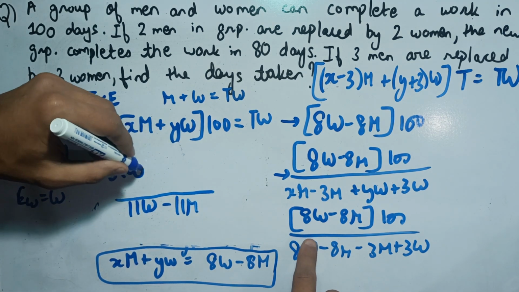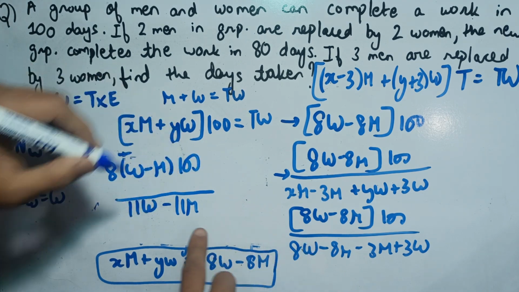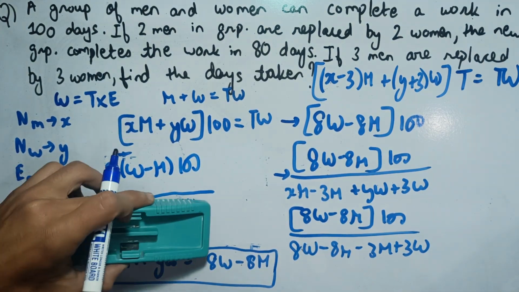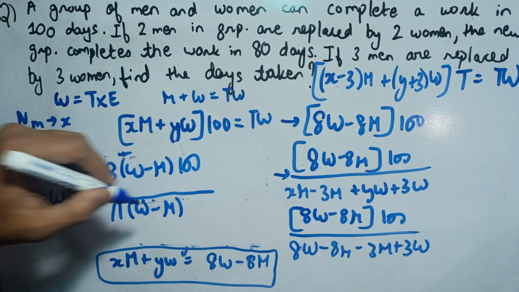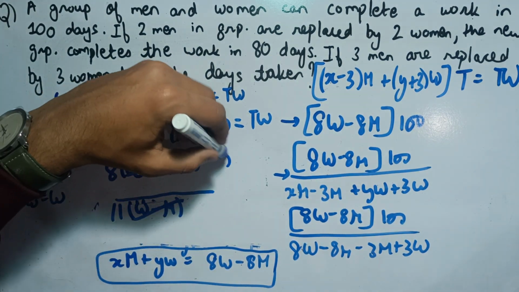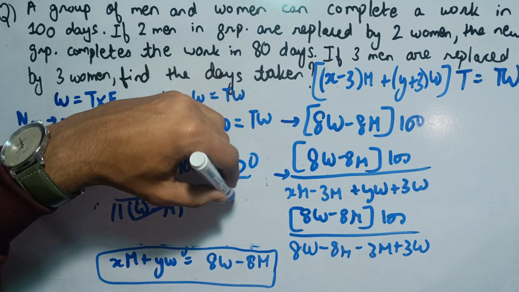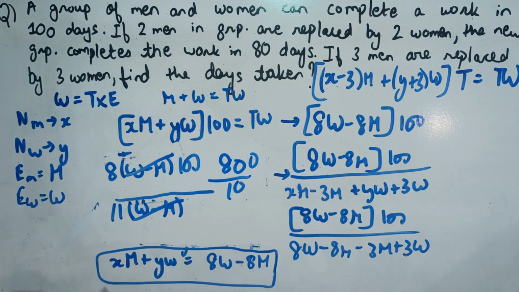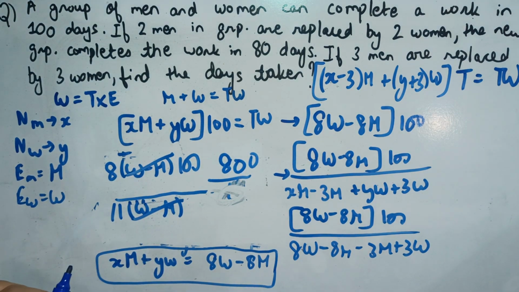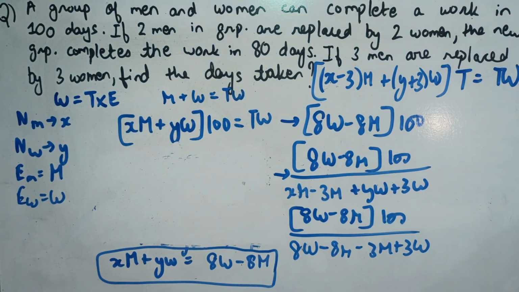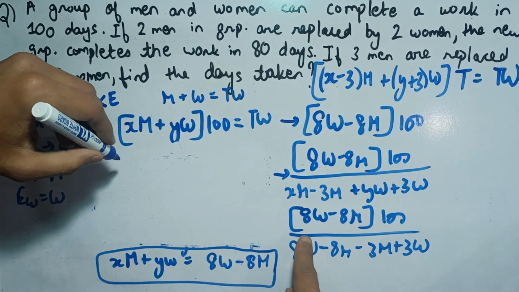We can common out 8 and W minus M into 100. We can also common out 11 from this, and we'll get W minus M. W minus M gets cancelled. We had already solved the question till here. We can now calculate the time by commoning.